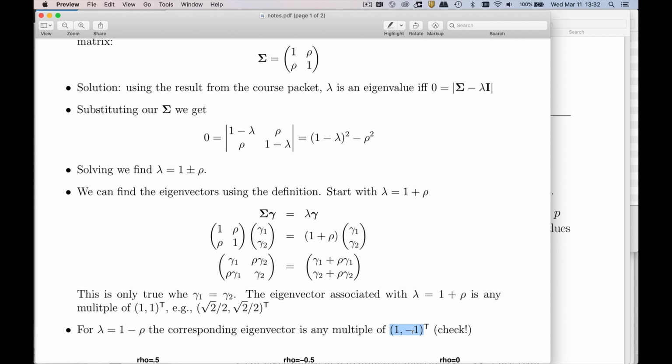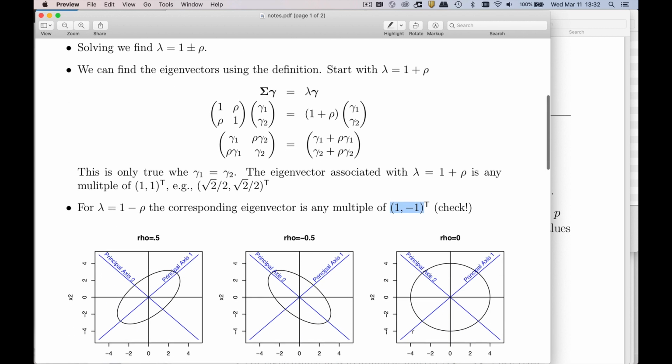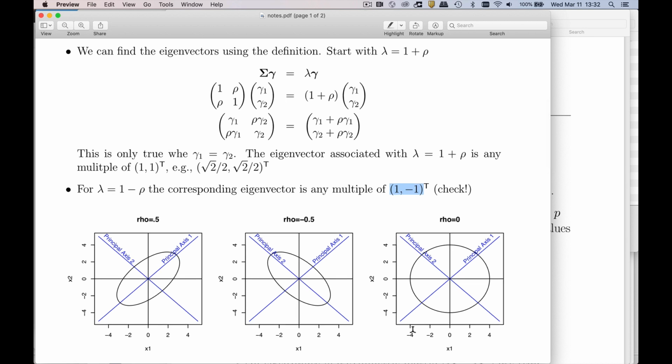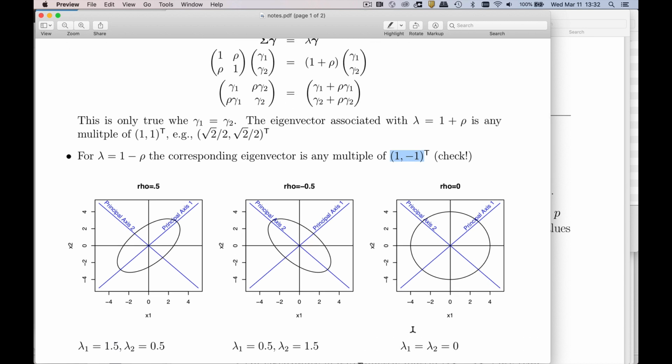Now, we've also been asked to interpret the solution. So let's go do that. What I said here is that the eigenvector associated with 1 plus rho is 1, 1, which is this direction.